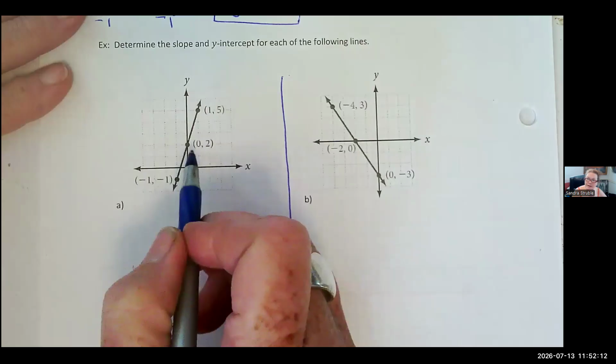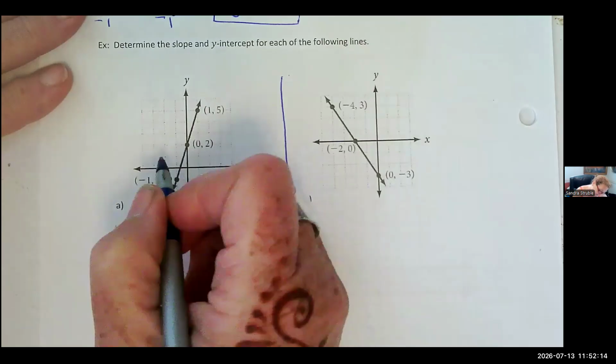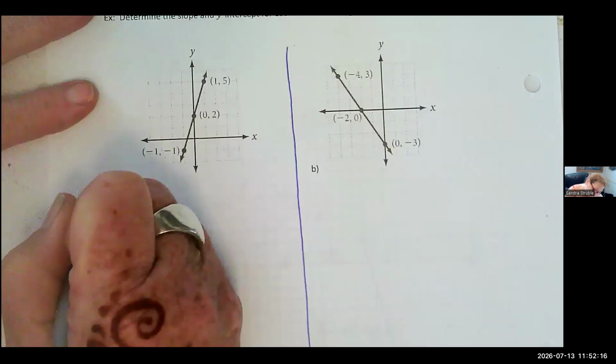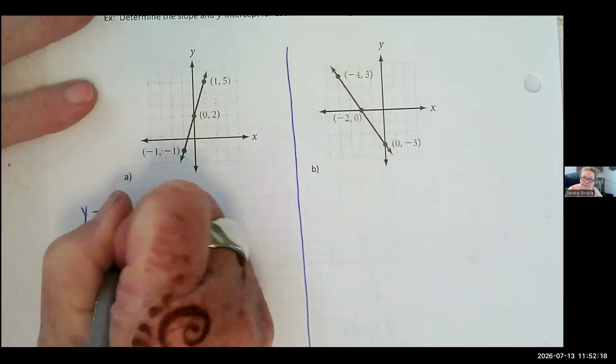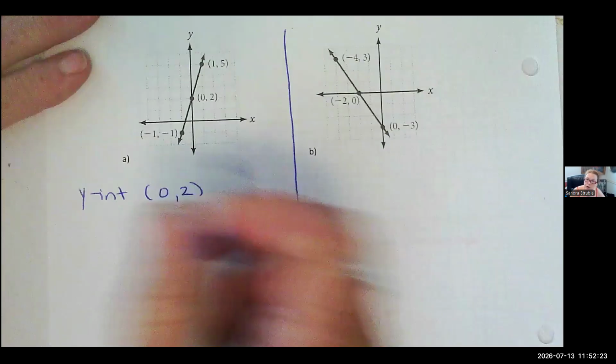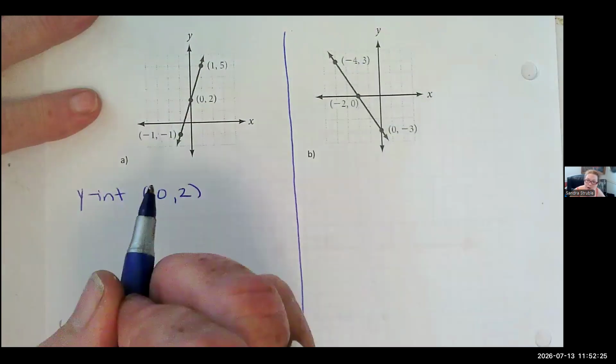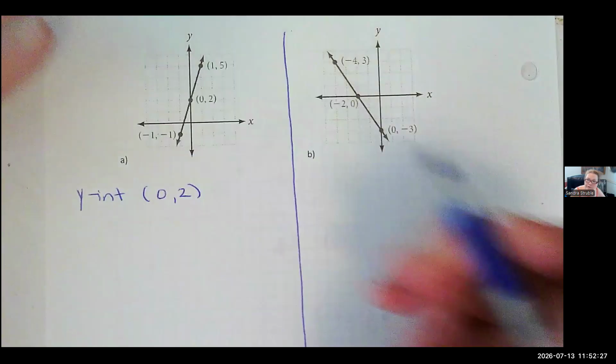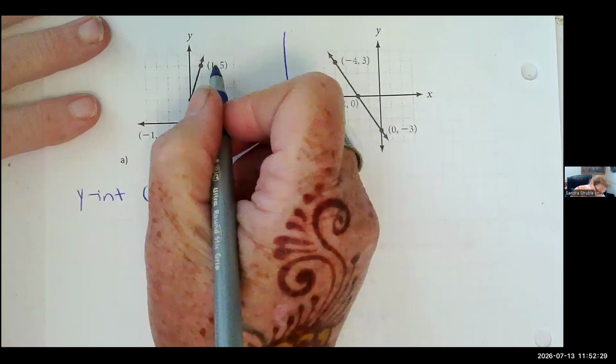The first one we can do easily is the y-intercept, and that is (0, 2). Now, to find the slope, it doesn't matter which 2 points I use. I just need 2 points. So I'm going to use (1, 5) and (0, 2). It's always nice to use the y-intercept.